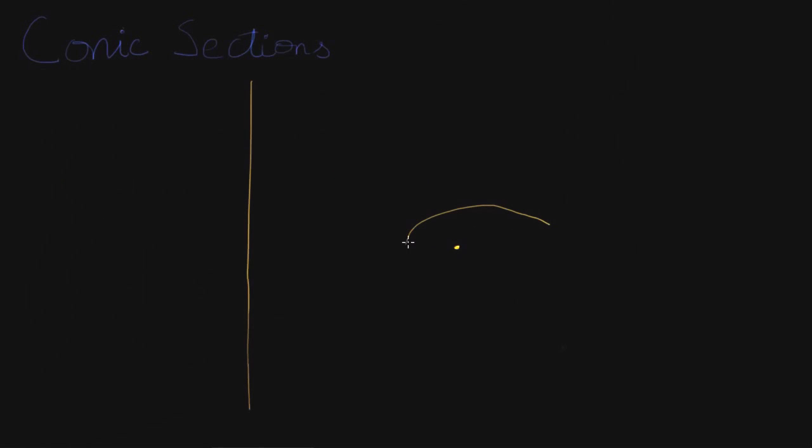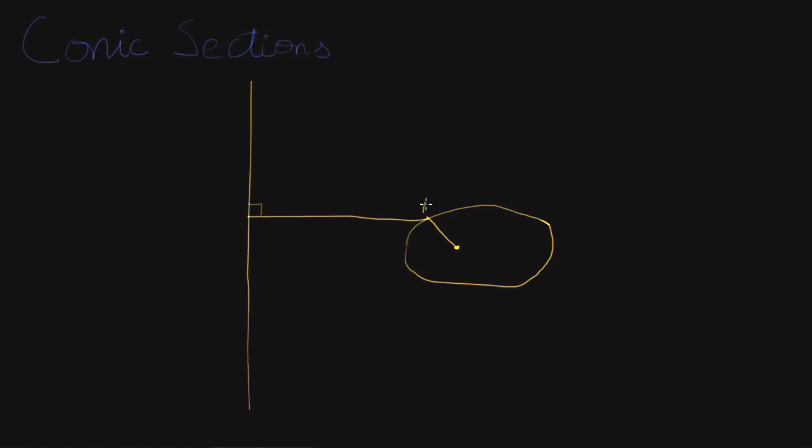Let's say I have this ellipse over here. If I draw a line from the focus to any point on the ellipse, and from this point I subtend a 90-degree angle onto the directrix.